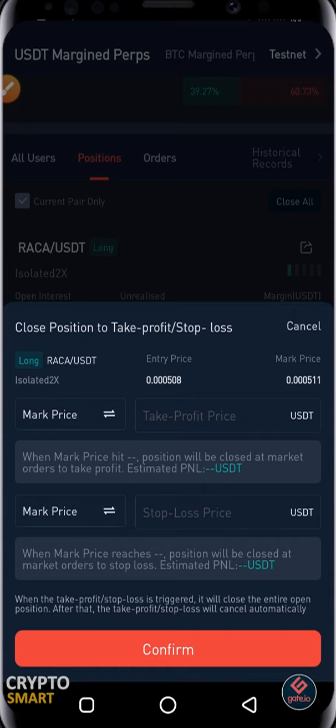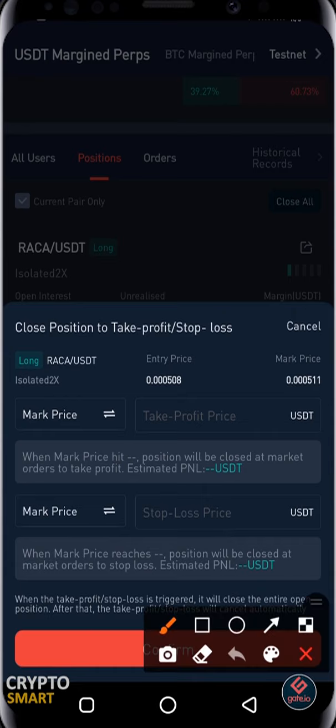2 times leverage is what we are using, and here it shows you the price that we entered, and here it shows you the market price. Is that right? Now we can calculate how much we'll eventually make if we get to a particular amount by inputting it here.